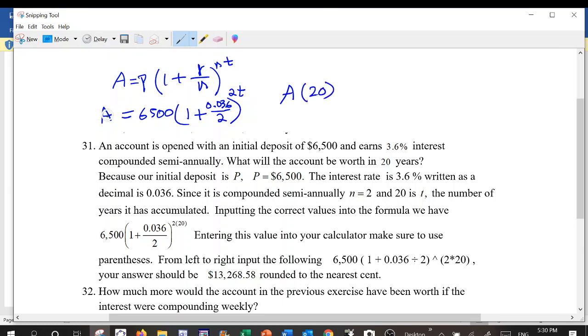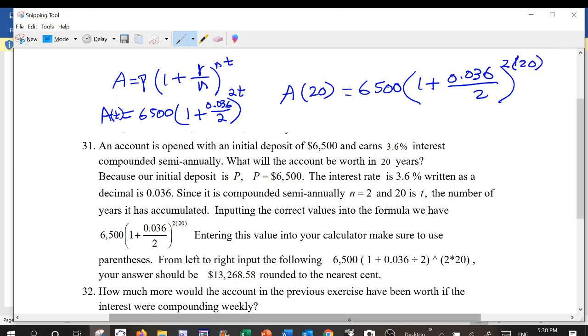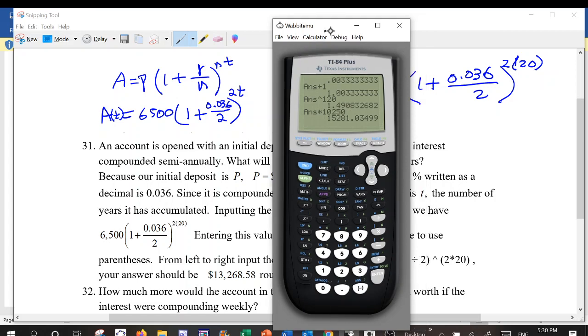See, we write A, but really A is a function of t and is an exponential function, right? So A of 20 is 6,500 times (1 plus 0.036 over 2) to the 2 times 20. So we are going to again use the calculator.